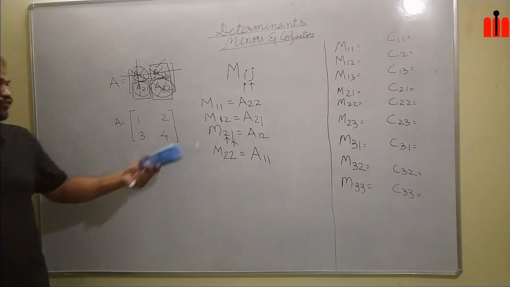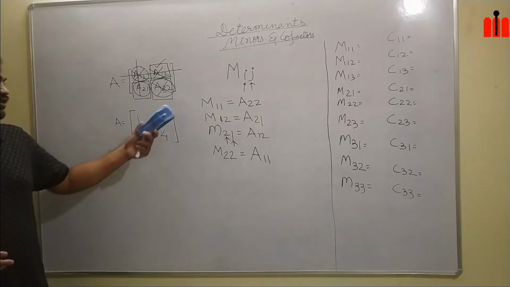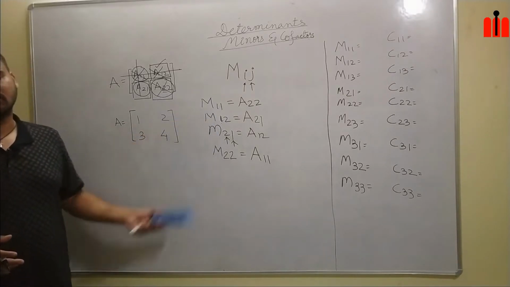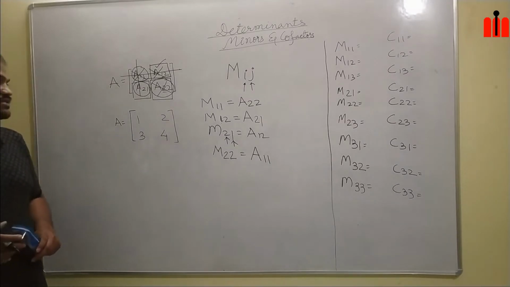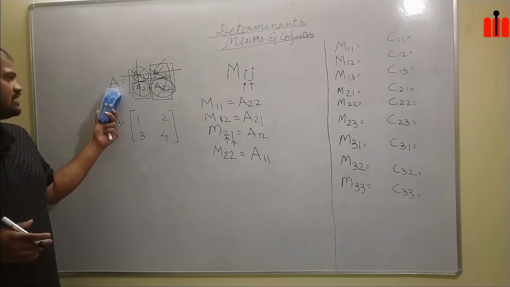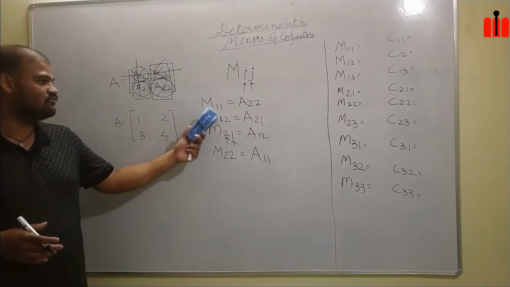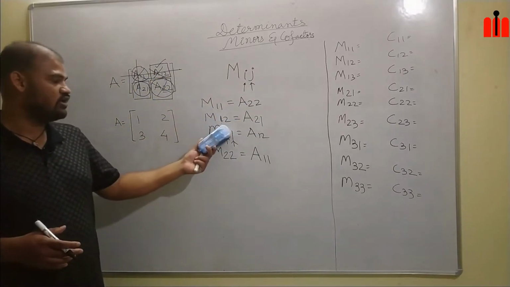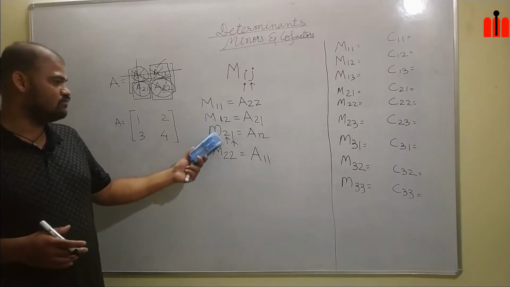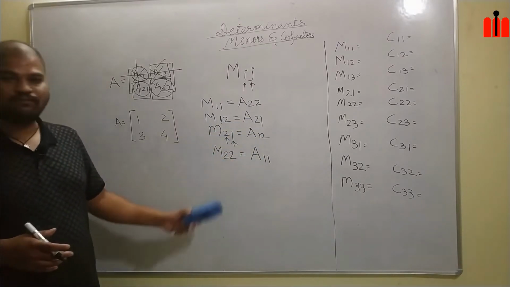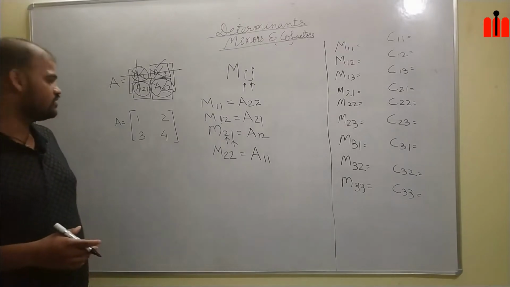So for a 2 by 2 matrix A with elements A11, A12, A21, A22, M11 will be A22, M12 will be A21, M21 will be A12, and M22 will be A11.